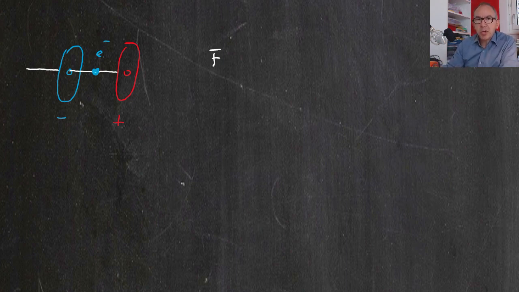The electron experiences a force, which will be to the right. And this force is given as the charge times the electric field. The electric field is opposed to the force, but the charge is negative, therefore for the direction it will be to the right.